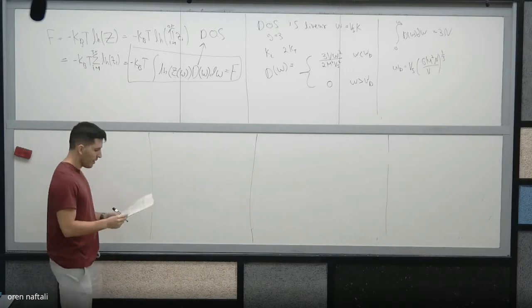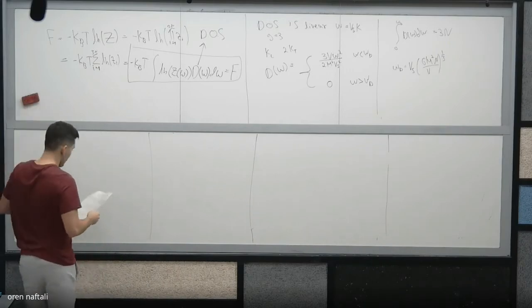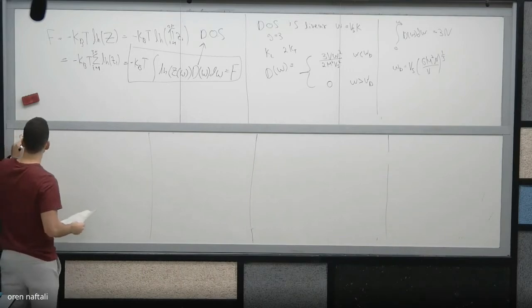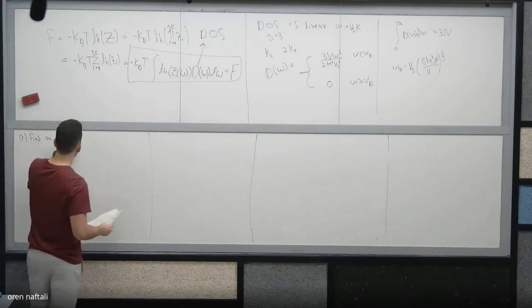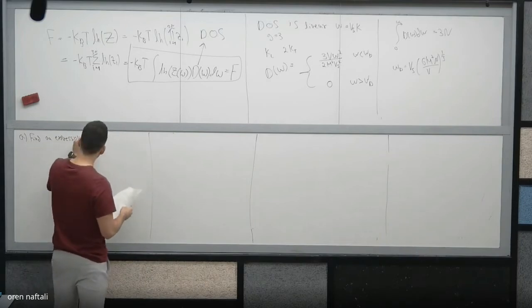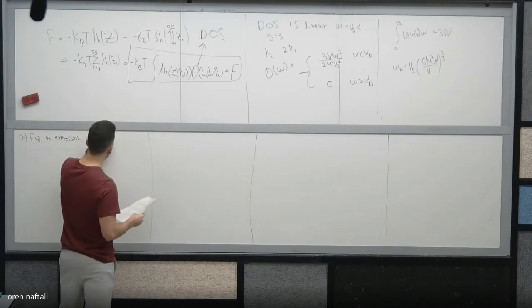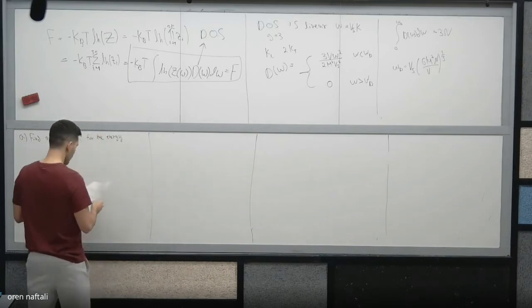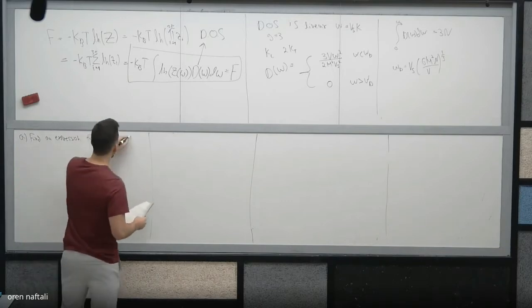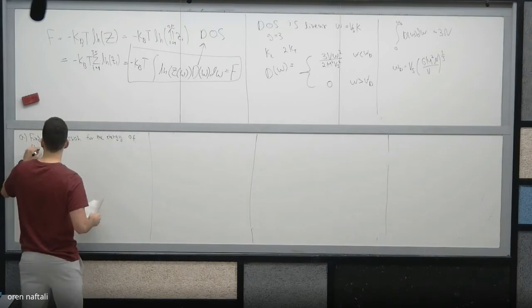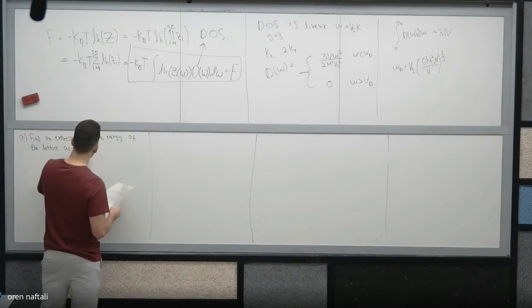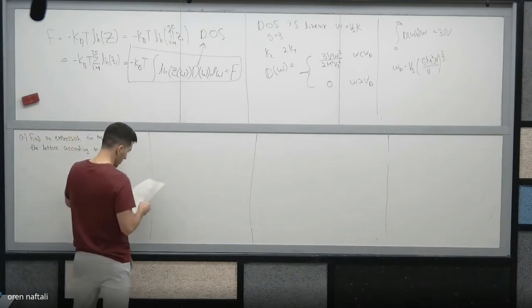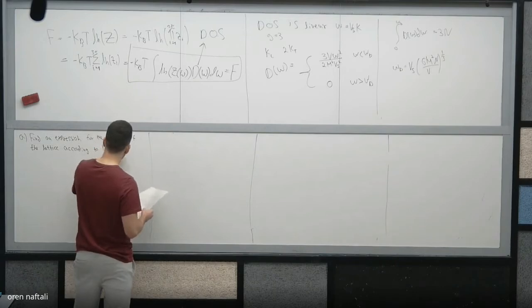Okay, so let's do some example. A, find an expression for the energy of the lattice according to the Debye model.